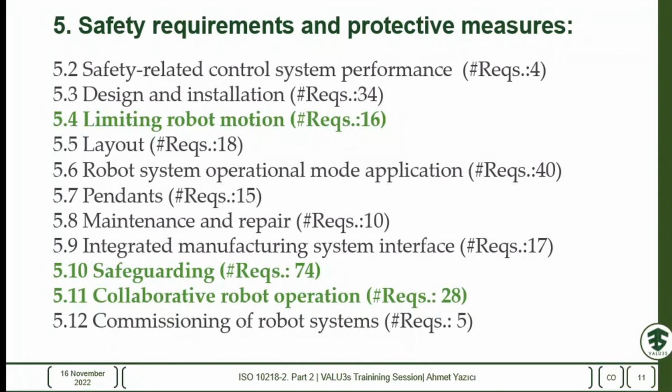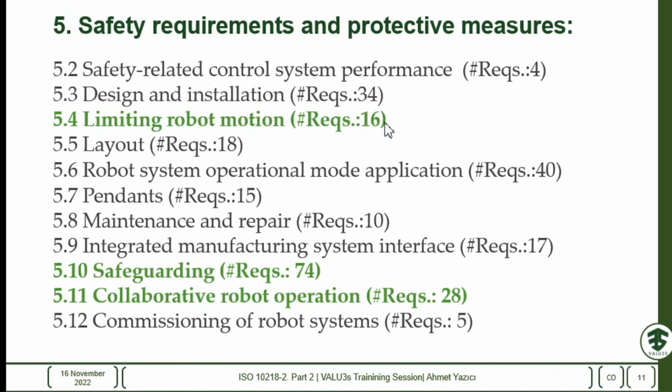Actually, in that standard part 2, there are many subsections that include requirements. So here we focus more on the green subsections. For example, 5.4, more about limiting robot motion. It actually has 16 requirements.